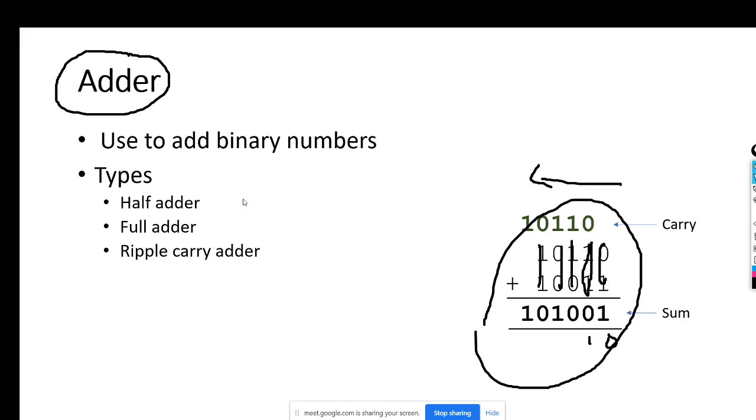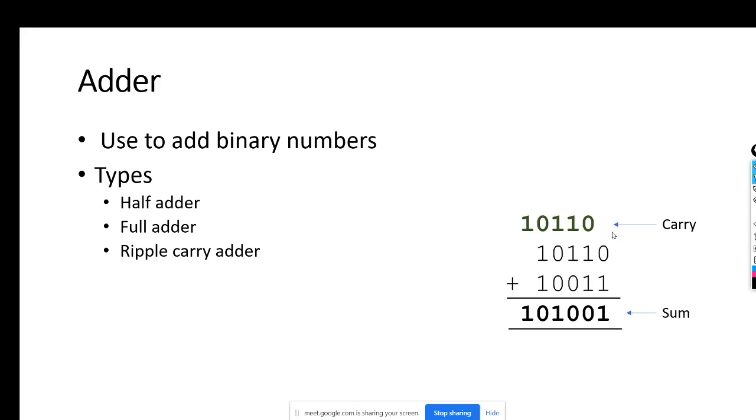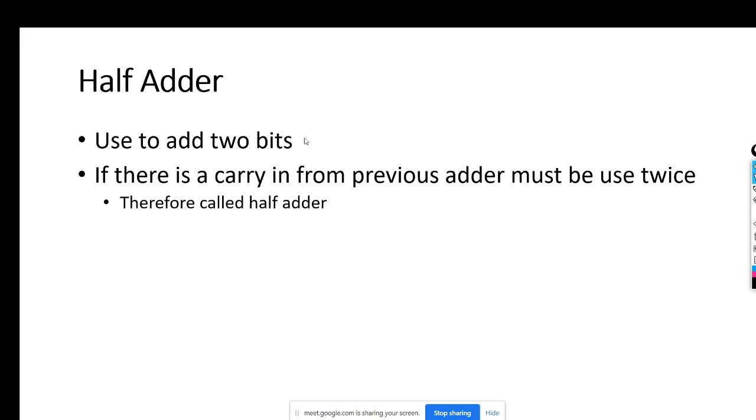Now let's see what types of adders we have. We have the half adder, then the full adder, then the ripple carry adder. Let's take them one by one, starting with the half adder. A half adder is used to add 2 bits. If there is a carry in from the previous adder, it must be used twice.